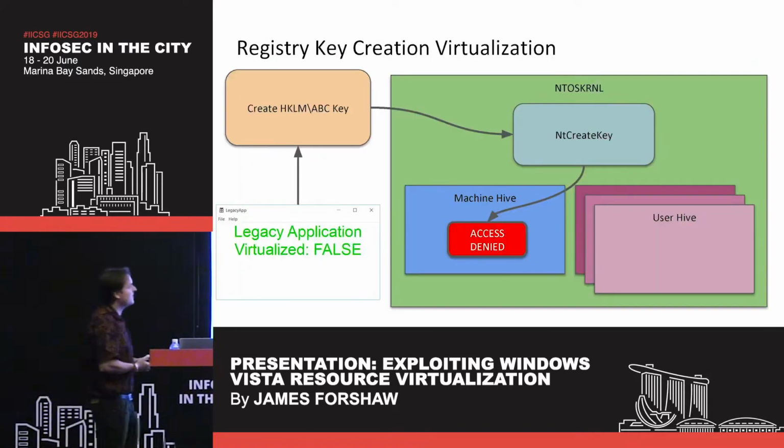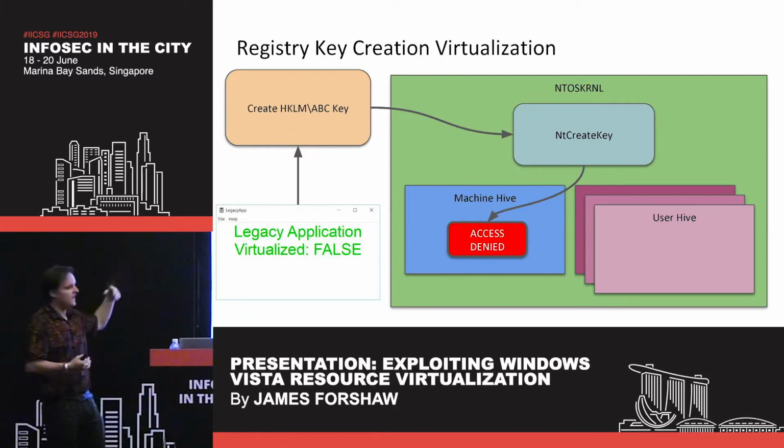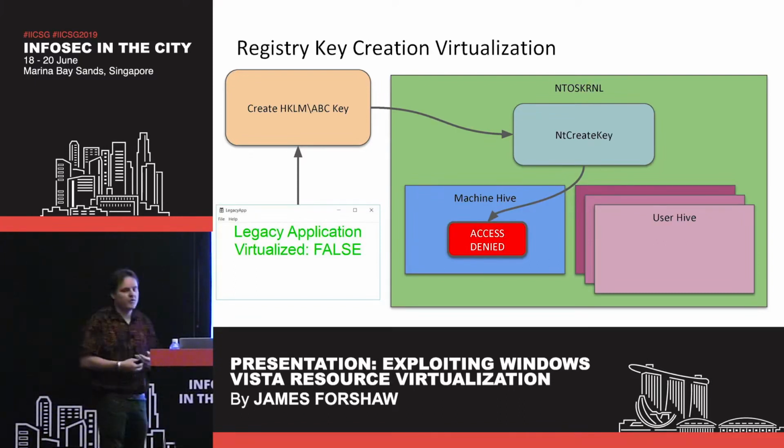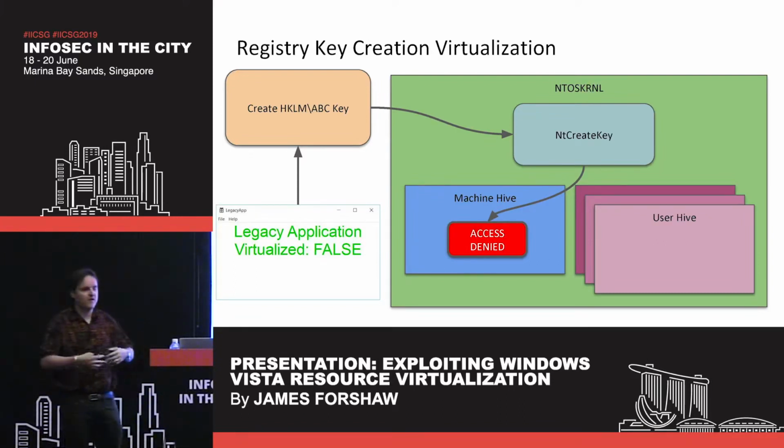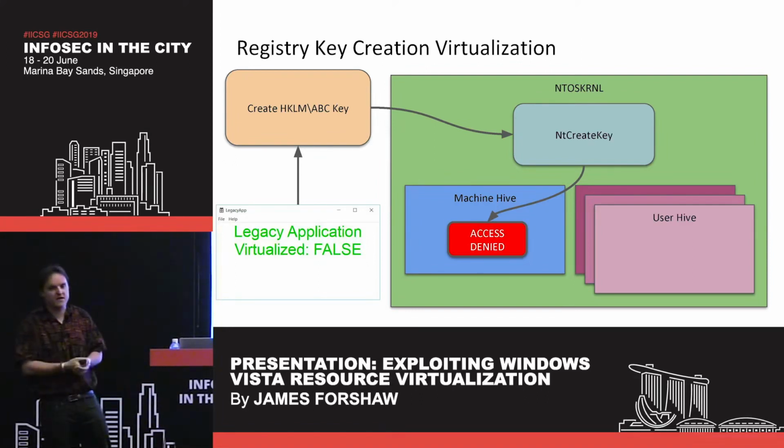So the basic principle of how registry key virtualization works is something like this. If you try and create a key in the local machine hive, the administrative only registry hive, then of course in the default case, if your application is not virtualized, it's going to give you access denied. It's going to go, well, you can't create that key. You're not an administrator. You're trying to create it in an administrative only location.